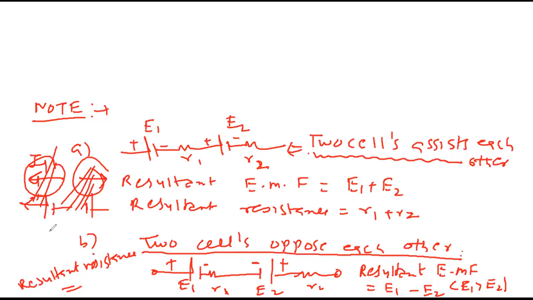EMF we got E1 minus E2. Resistance will be the same, as they are connected in series. So don't think anything of resistance. It is R1 plus R2. Followed?